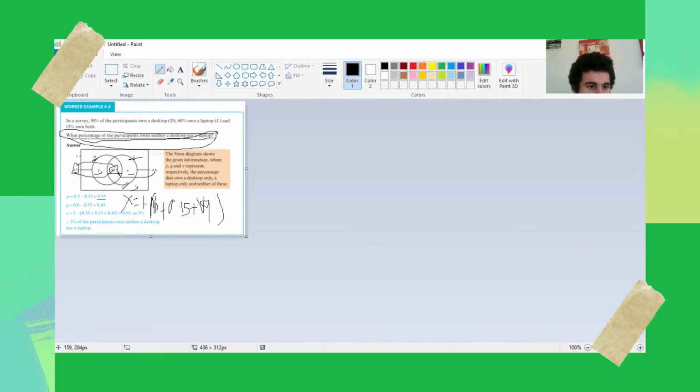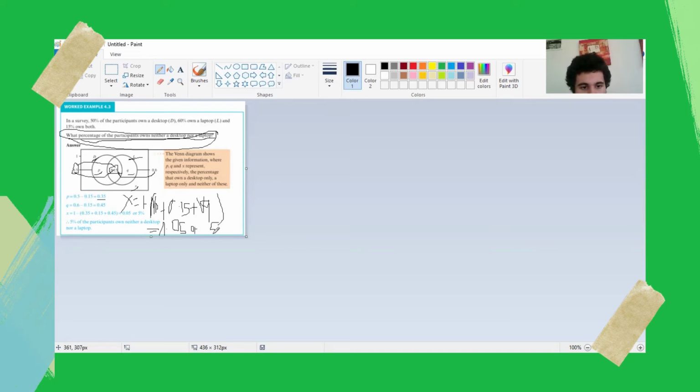VQ is the value of Q, which is 0.45, and if we calculate it, we end up with 0.05, or alternatively we could say 5%. As simple as that. So that's how we solve the first example.